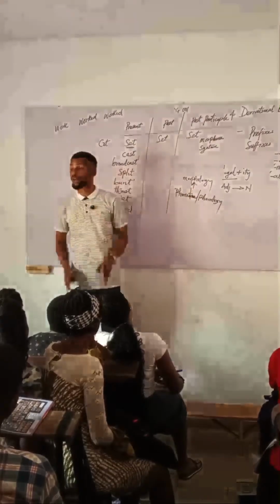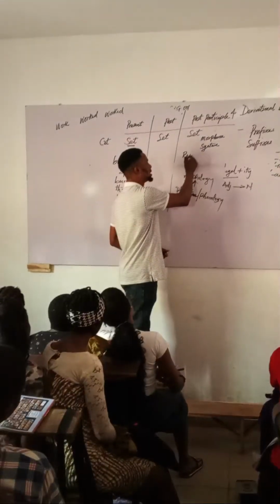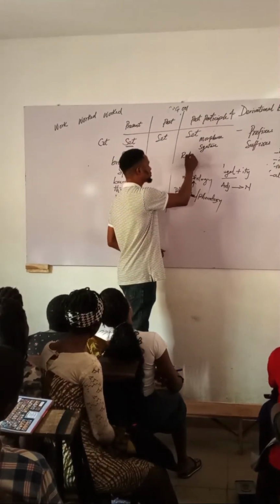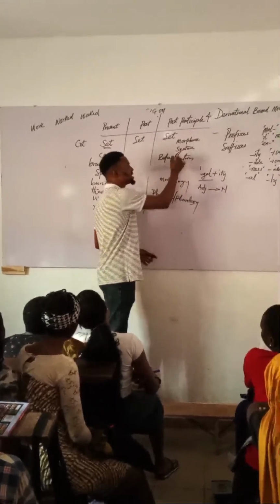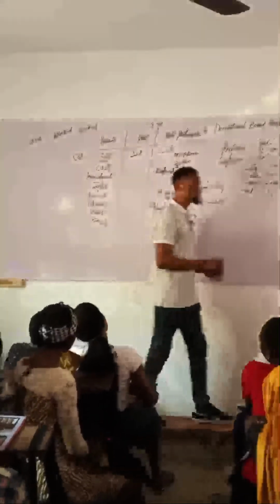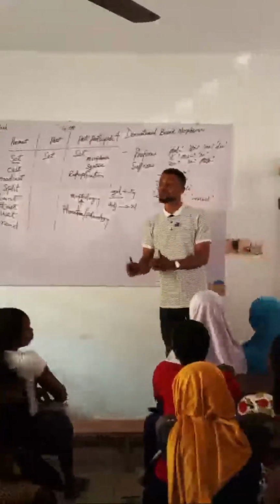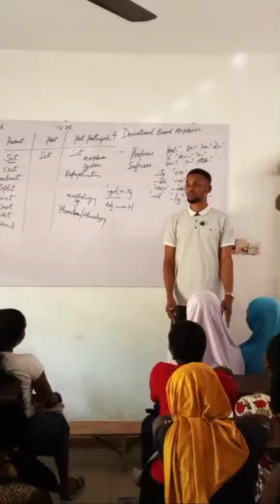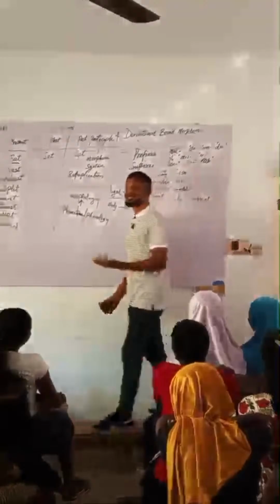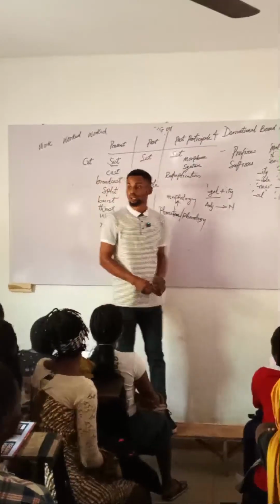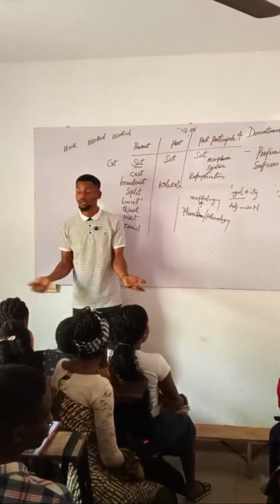Morphology has to do with the study of words and how words are created, such as reduplication. When you reduplicate words, the words are doubled to give a new word. In Yoruba, for instance, we have this. So this is the aspect of language that sees to that.